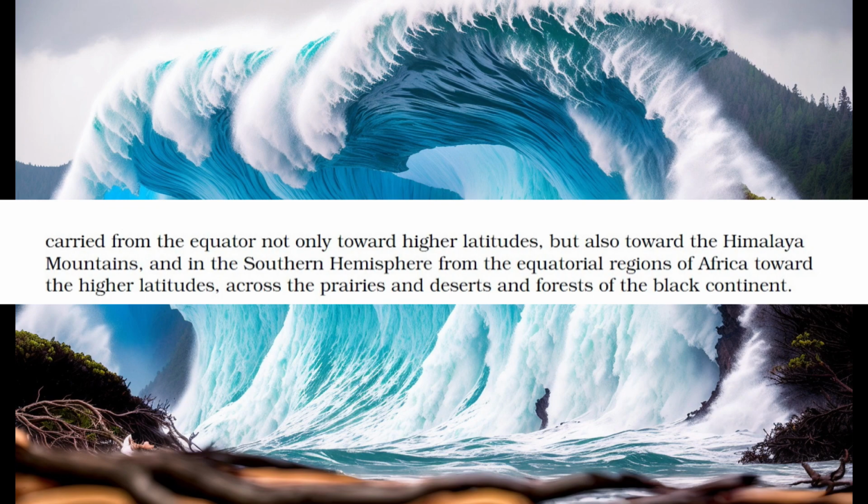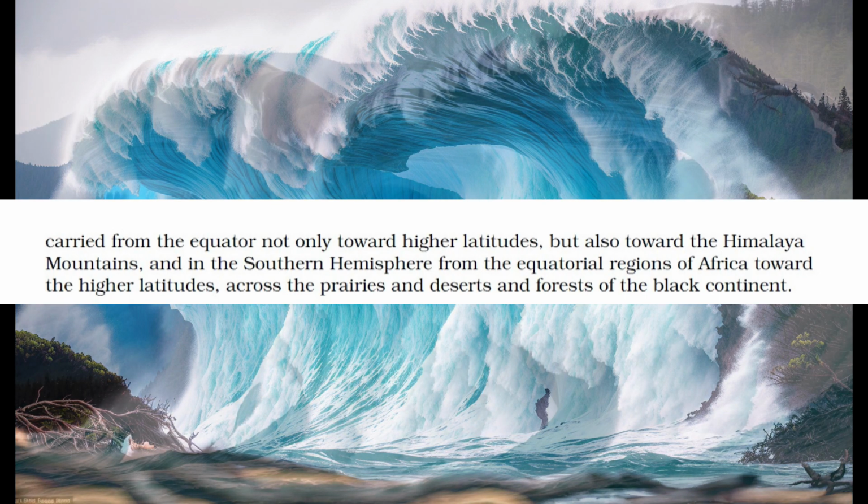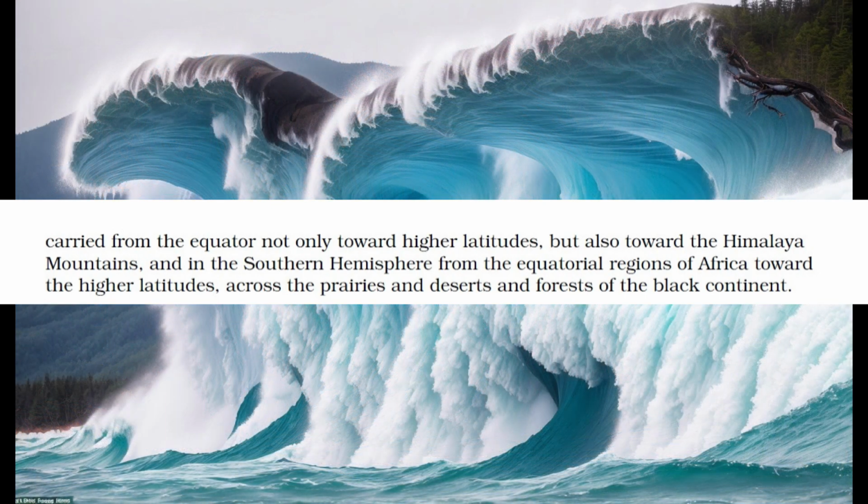In the northern hemisphere in India, the moraines were carried from the equator not only to higher latitudes, but also toward the Himalaya mountains. And in the southern hemisphere, from the equatorial regions of Africa towards the higher latitudes, across the prairies and deserts and forests of the Black Continent. And that's the end of this section.